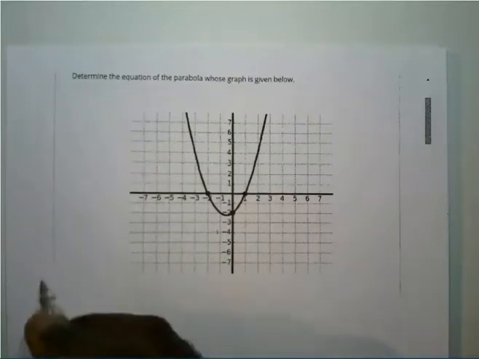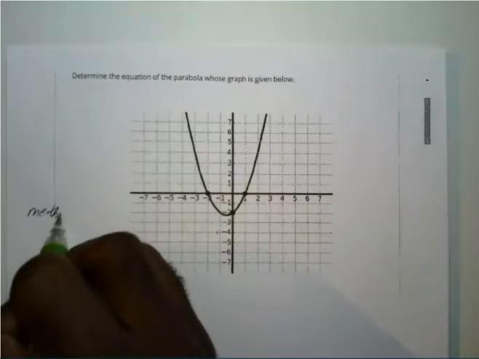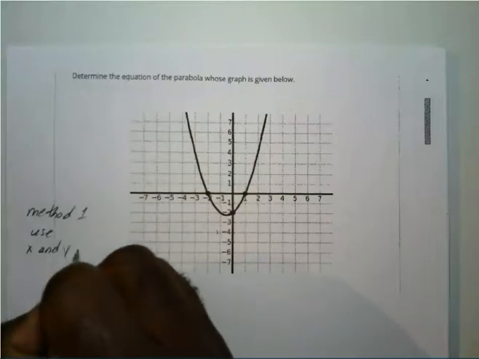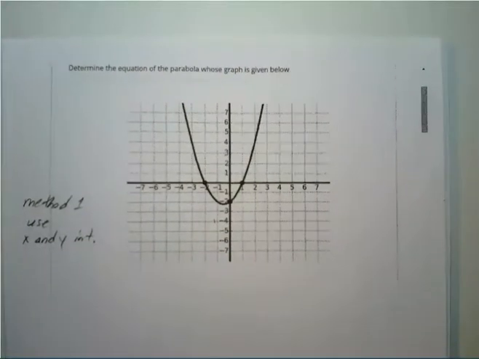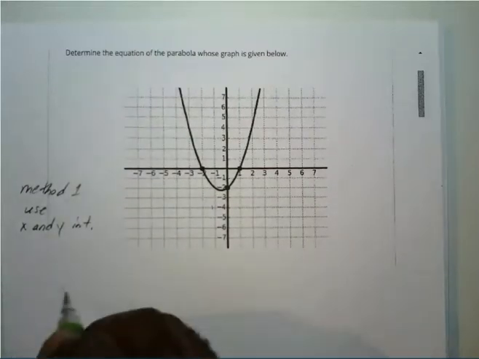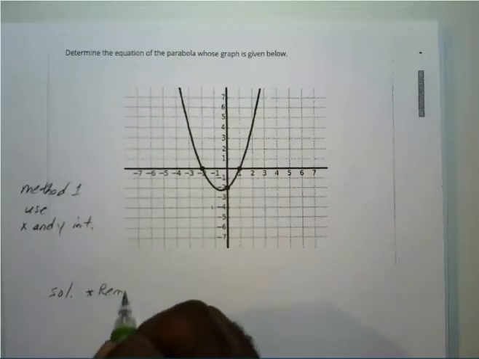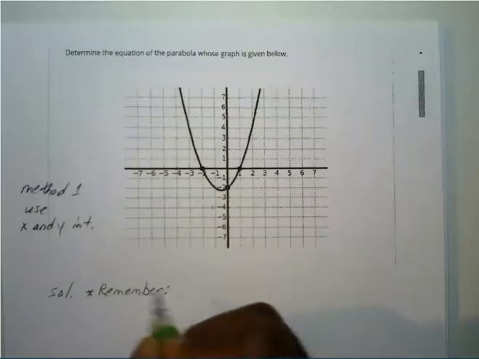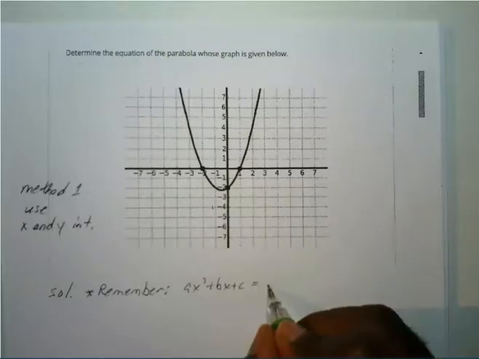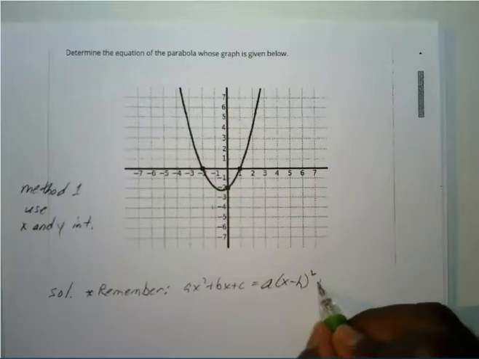So here we're going to look at the x and y intercepts. So first thing we're going to notice, well, not notice, but remember, is that ax squared plus bx plus c is the same as a times x minus h squared plus k.